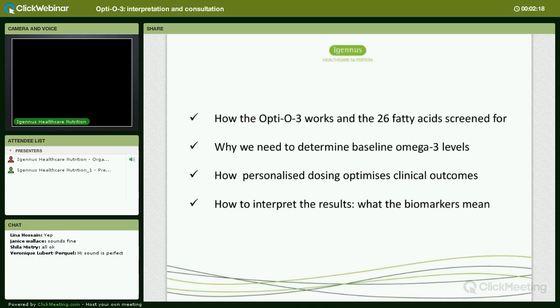I'll talk about why we need to determine our baseline omega-3 fatty acid levels, how personalized dosing can help optimize clinical outcomes for your client, and how to interpret the result, what the biomarkers actually mean.